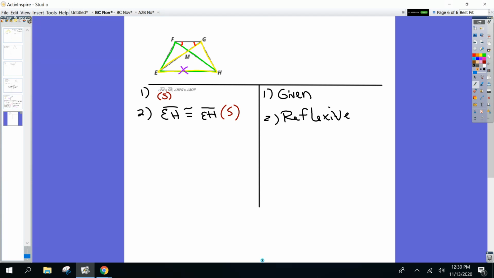Okay. You got a theory, Quinn? Let's see if I agree with it or not. Angle EFH is adjacent to angle GFM. Okay, I'm listening. And then angle HGE is adjacent to angle FGM. Okay, they're adjacent. Sure.